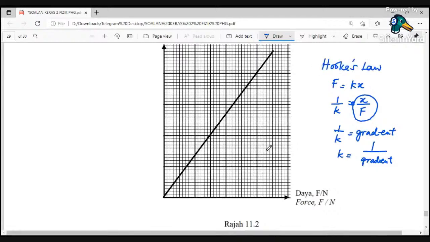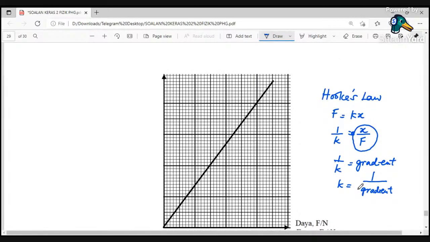Okay, energy stored. Mana dapat energy stored? Apa unit energy ialah joule. So, kalau you calculate daripada graph ini, if you calculate for area under the graph, you will get, let's say X in meter, multiply half lah, ada half sini. Half X sebab kalau bawa area under the graph is a triangle.